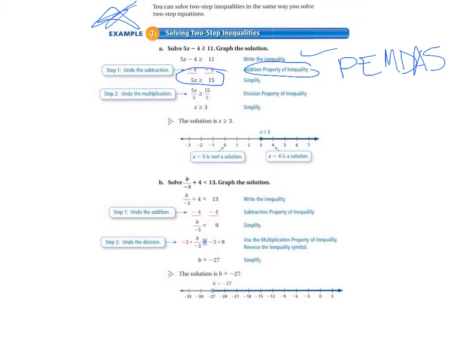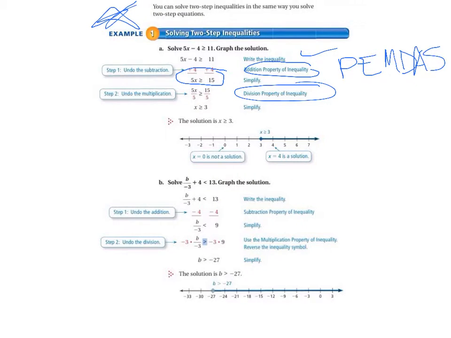And then we have to undo the multiplication, using the division property of inequality. So we divide both sides by 5, and that leaves us with x is greater than or equal to 3.